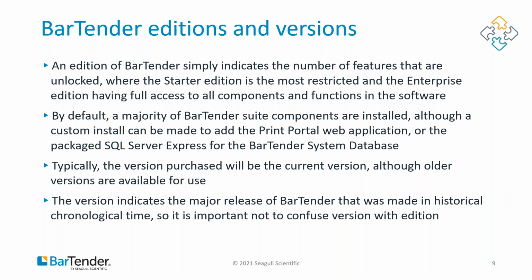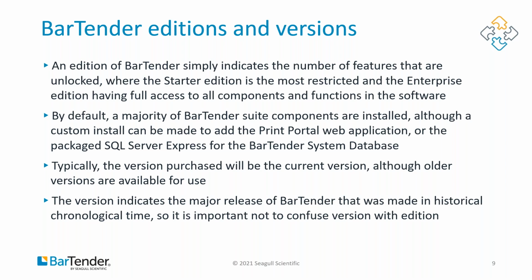Typically, the version that you purchase of the software will be the current version, although it is possible under certain circumstances to download and install older versions of the software, although that will only go back 1 or 2 versions old.